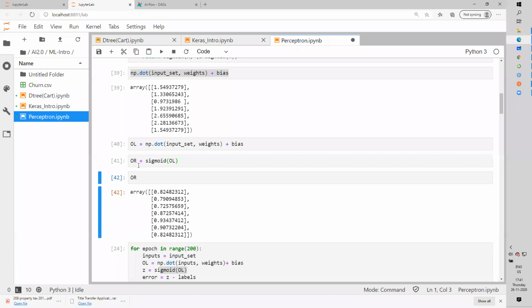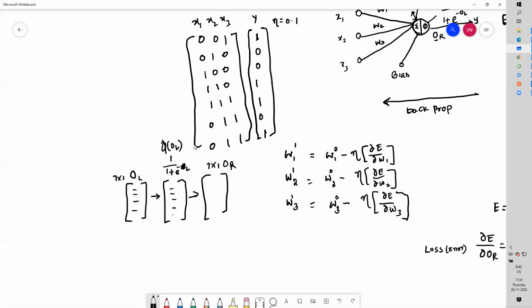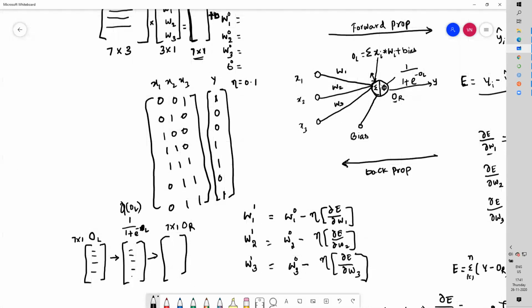So we have generated our first iteration. We have completed our first cycle of feed forward. This is how we computed the output of the left hand side of the neuron, and the output on the left hand side is passed to the activation function, and from that we generated the output on the right hand side.